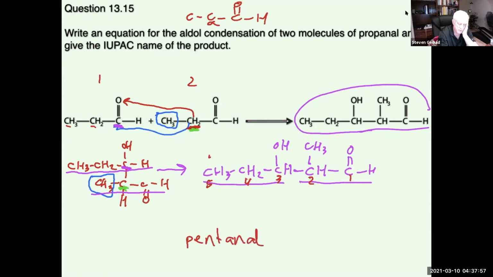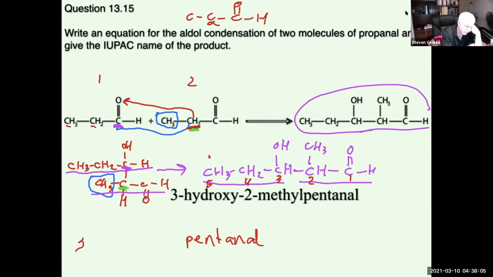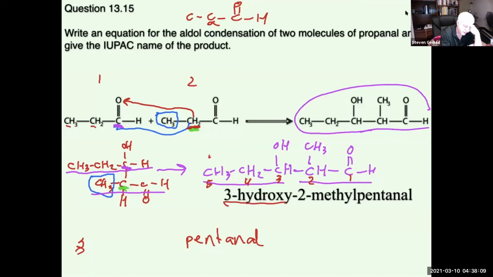Okay. There's a methyl group at number 2. There's a hydroxy group at number 3. So 3-hydroxy-2-methylpentanal is the IUPAC name for that thing.